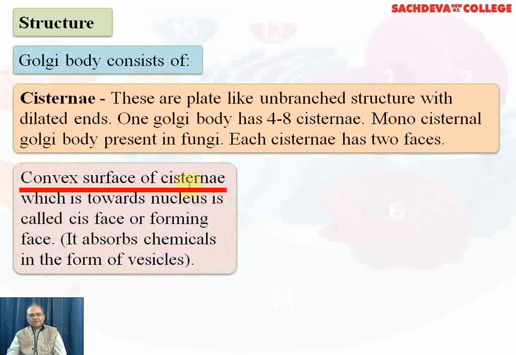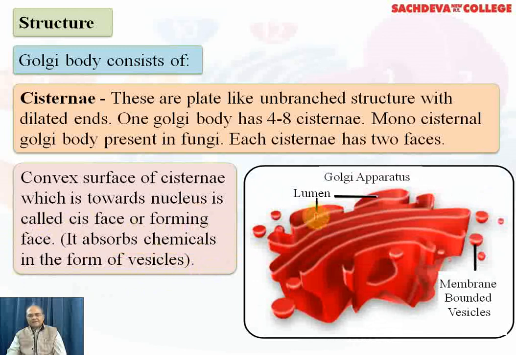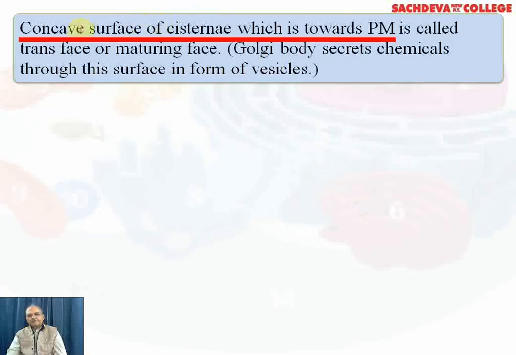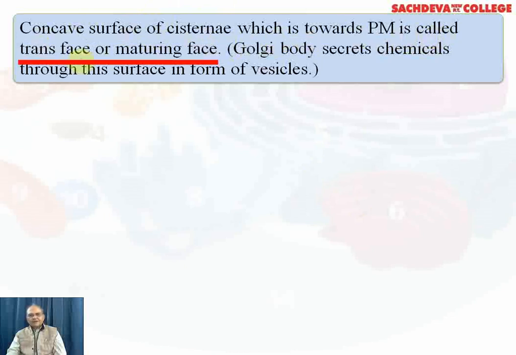Convex surface of cisternae, which is towards the nucleus, is called cis phase or forming phase, and it helps in absorbing chemicals in the form of vesicles. Here is the Golgi apparatus. Concave surface of cisternae, which is towards the plasma membrane, is called trans phase or maturing phase. Golgi body secretes chemicals through this surface in the form of vesicles.